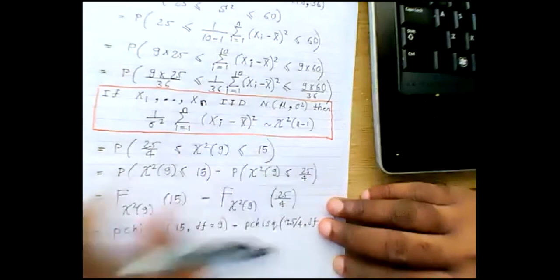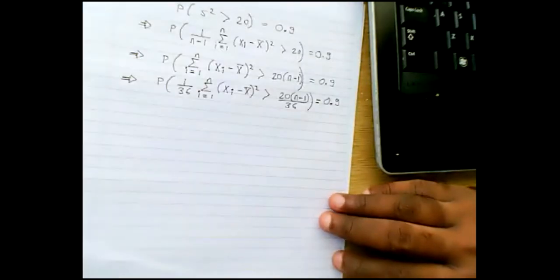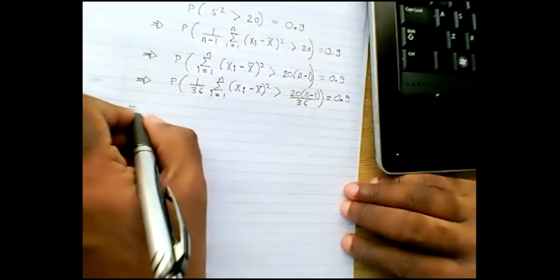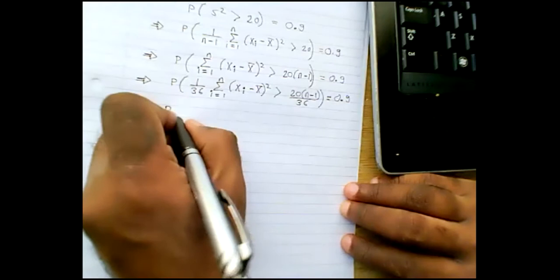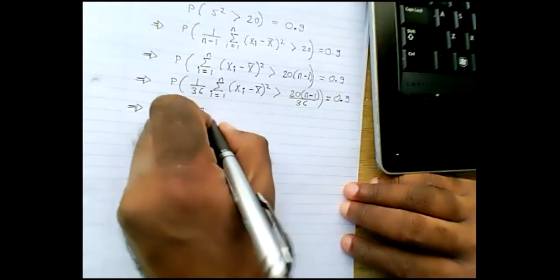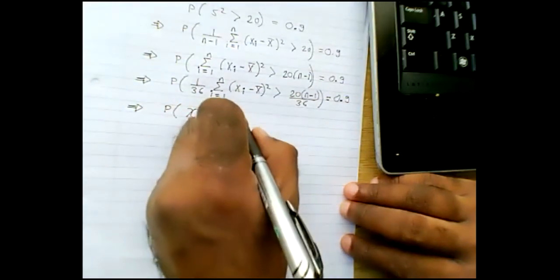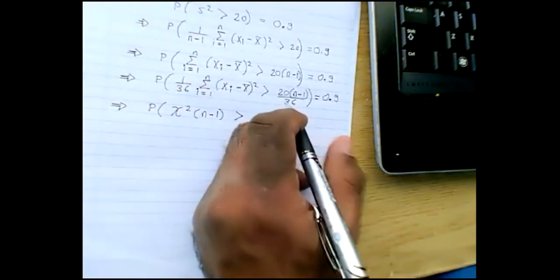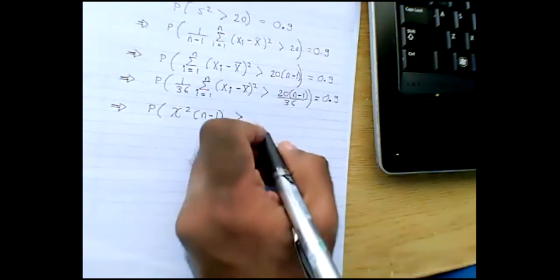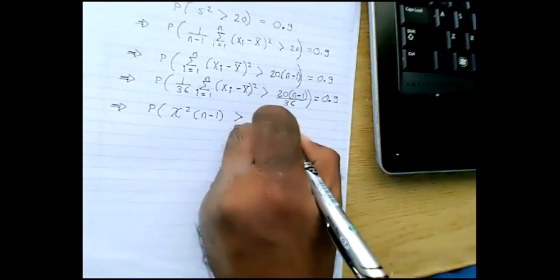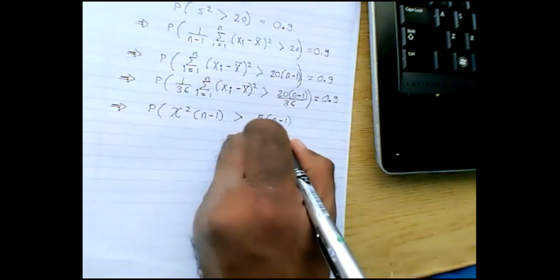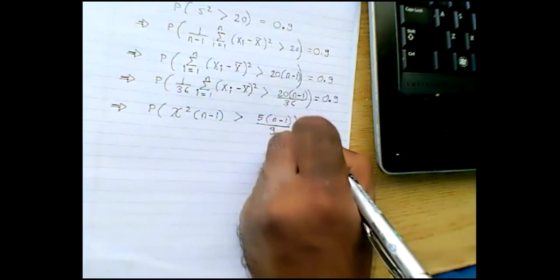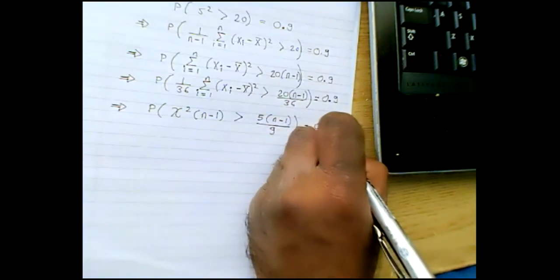Using this same result, the left-hand side must have a chi-square distribution with n minus 1 degrees of freedom, right? And the right-hand side, you can simplify to 5 times n minus 1 divided by 9 equal to 0.9.